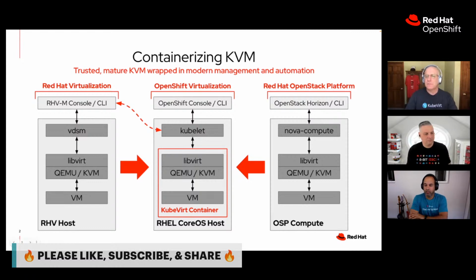Yeah, so I think to sum it up, the interesting bit here is that we didn't come up with some kind of Frankensteining to create these new things in Kubernetes. It's basically using a very rock solid technology that has been around that works the same with Rev or with OpenStack to provide the virtualization.